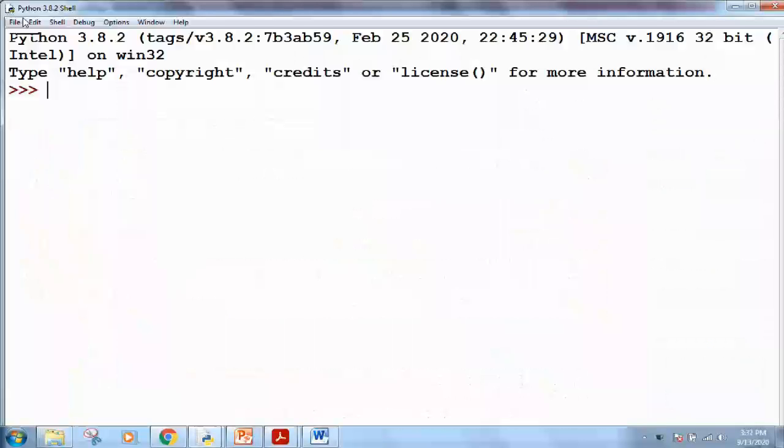Now in IDLE, let us see how these typecasting functions work. First is the int function. It converts any floating number to integer. You can input a variable also, and it will convert it.